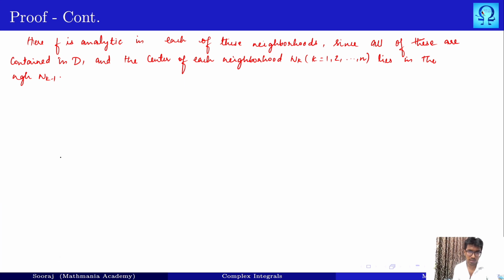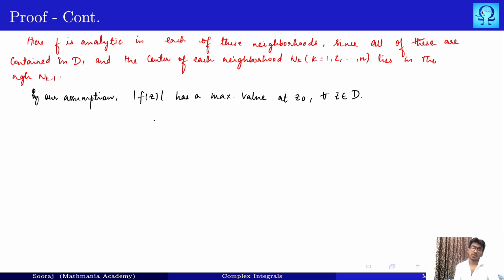So with which, what can we say further? By our assumption, the absolute value of f of z has a maximum value at z naught, for all z in D. So if this is so, then the absolute value of f of z has a maximum value at z naught in the neighborhood N naught.